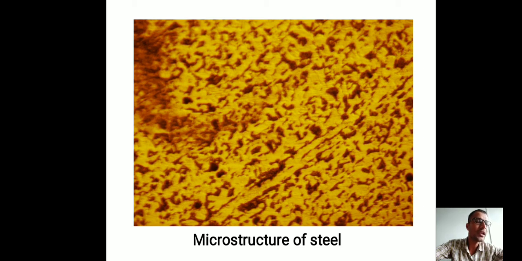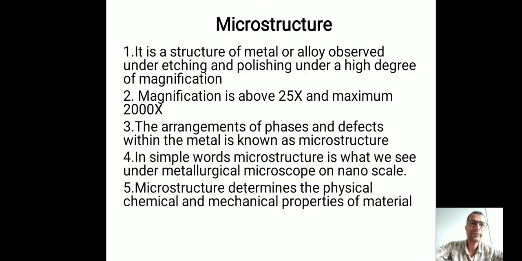According to those phases, properties depend. Clear? In simple words, microstructure is what we see under the metallurgical microscope on nanoscale.